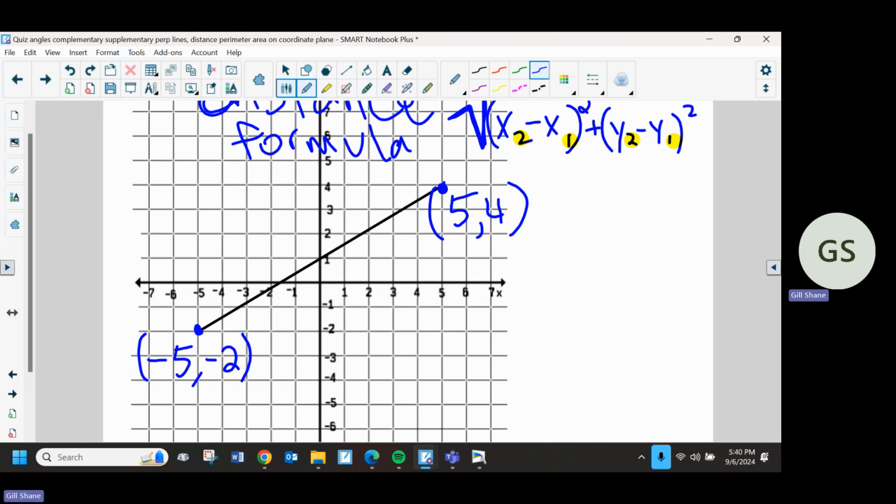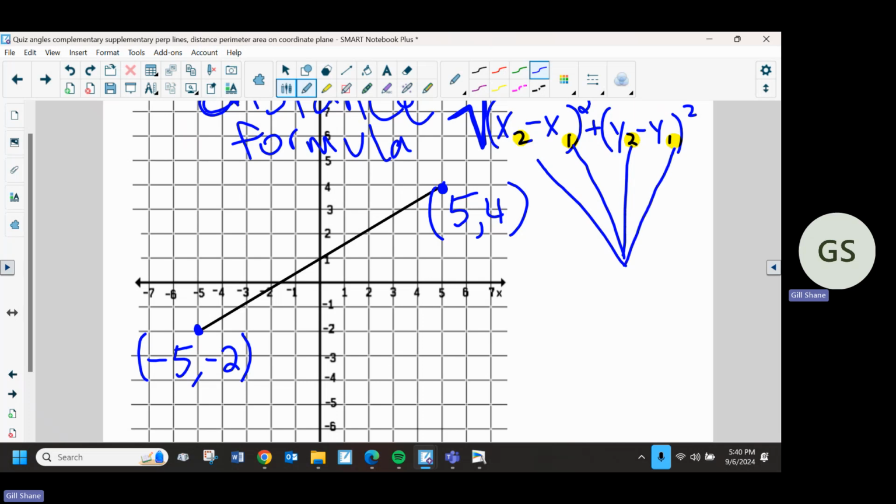All right, now I have my X's and Y's, but right now, if I said, all right, go ahead and start with X, you would have no idea which X I'm talking about because there's two of them. There's a -5 and a 5. That's what these are right here. It's just a way that we can refer to which X or which Y we're talking about.